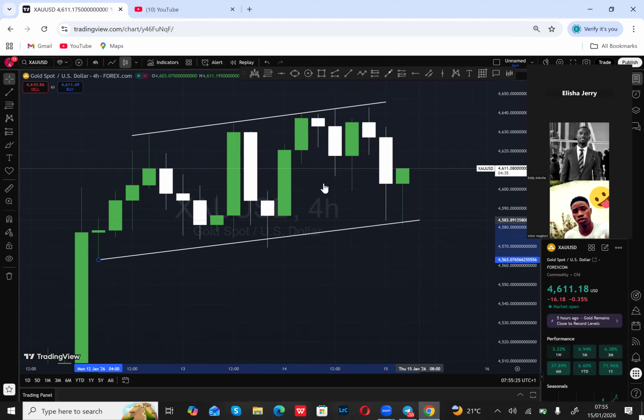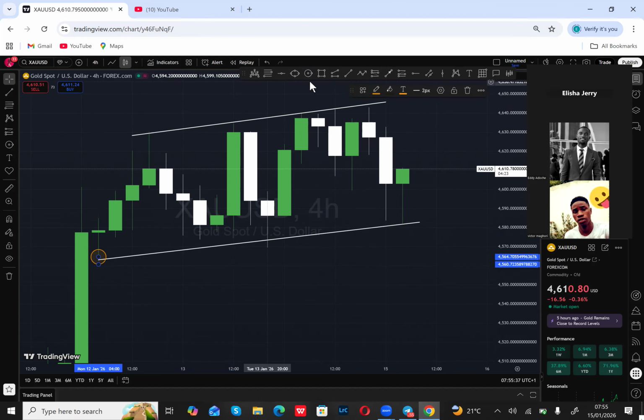Like I've always said, the third touch of the trend line is usually the strongest. This is the first touch, the second, and then this is the third. One reason we expected buys from here.